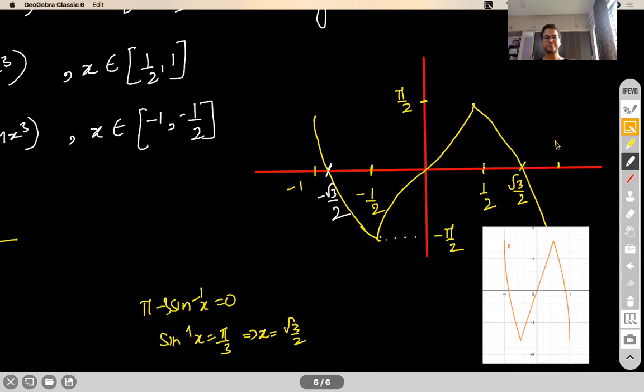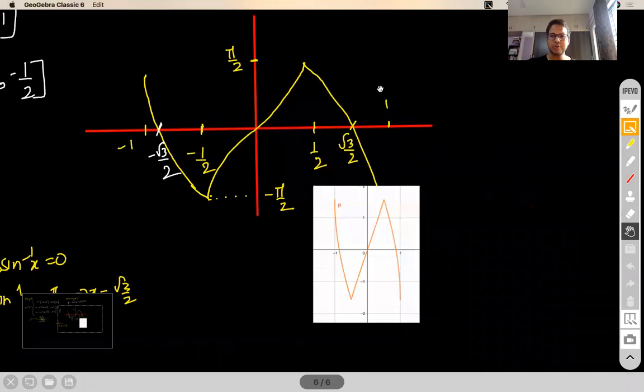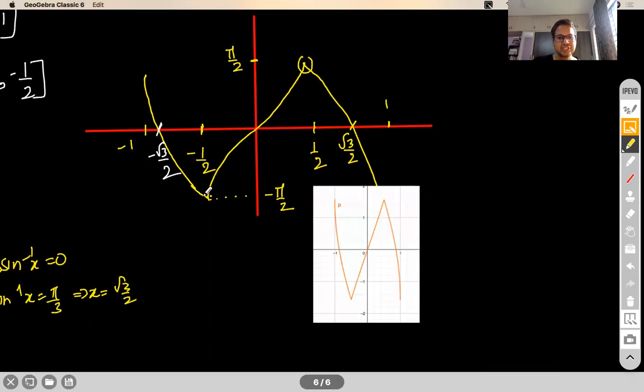Okay. Now you can see there is no problem with the continuity of the graph, but there are corners at these positions. So at these positions, the function will not be differentiable. Okay. Neither will it be differentiable at 1 and -1 because vertical tangents will get formed at these two positions.